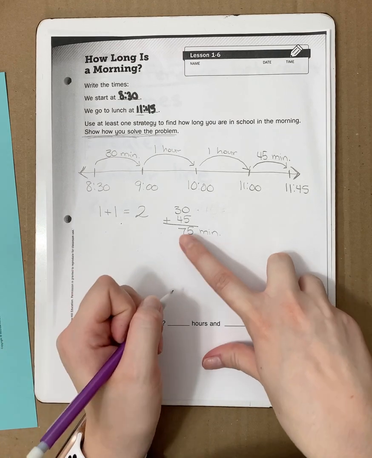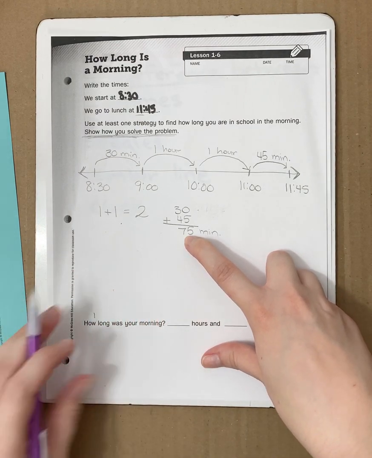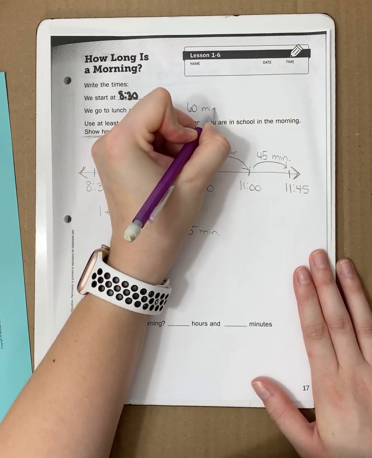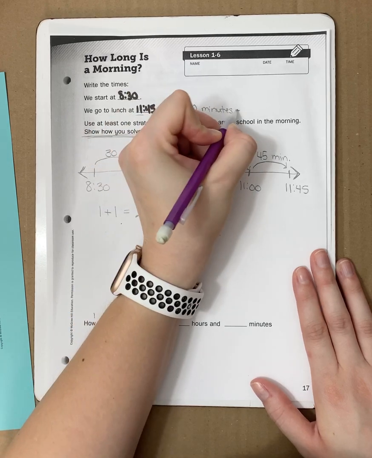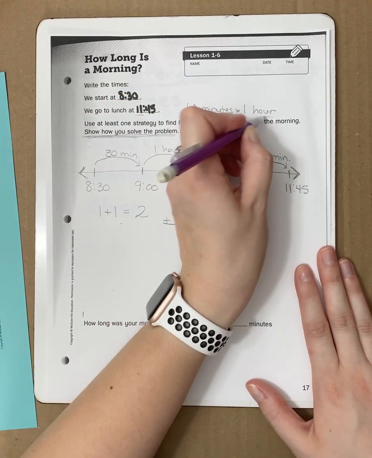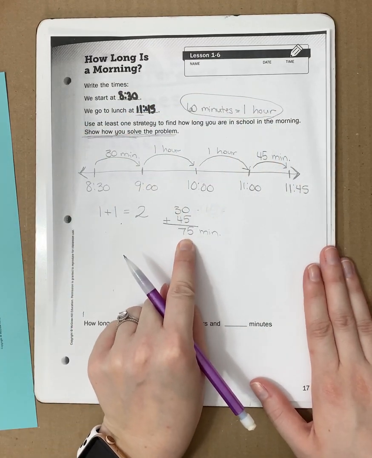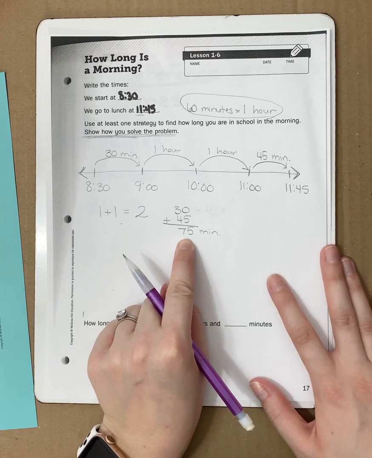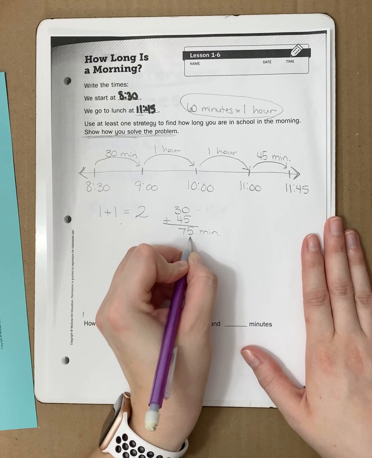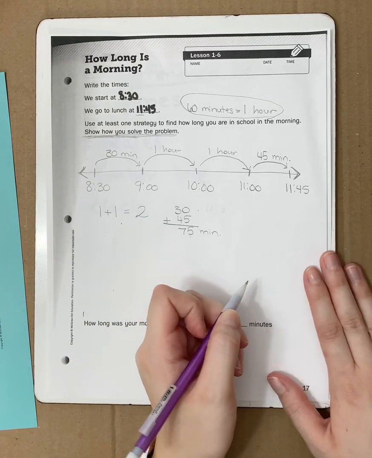I don't want to leave it at 75 minutes because that's more than an hour. If you remember, 60 minutes equals 1 hour. There's 60 minutes in an hour, and I have more than 60 minutes here. So I'm going to add another hour because I have enough minutes here to cash it in for another hour.